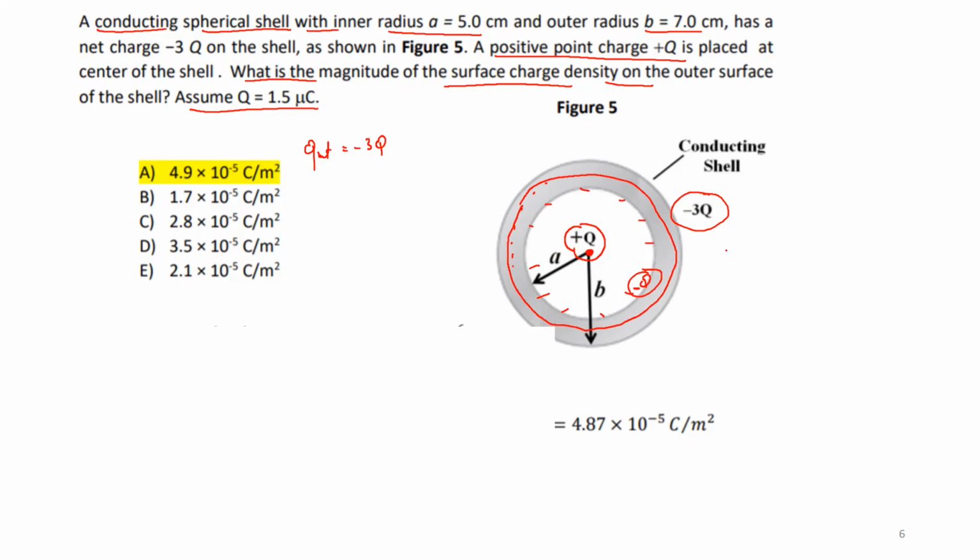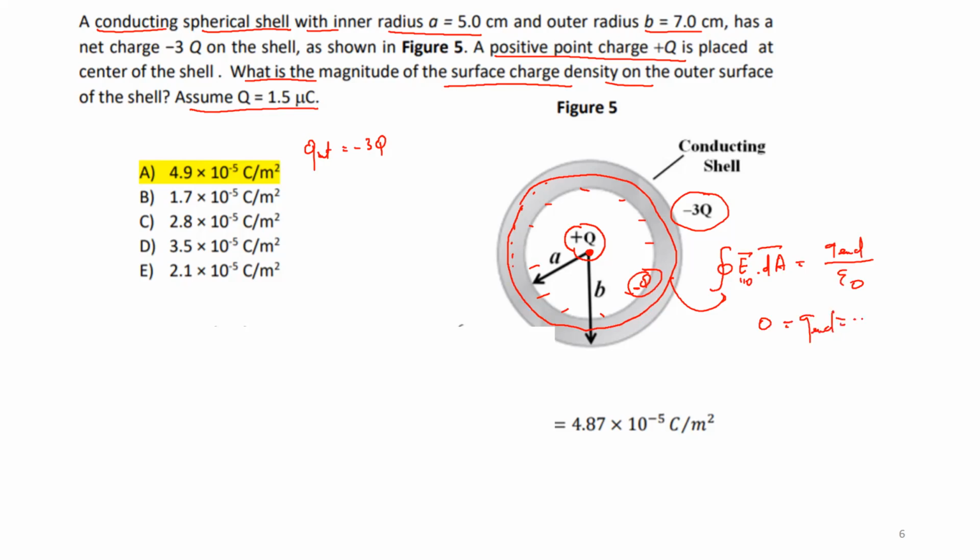Let me apply Gauss's law: the integral over this Gaussian surface of E dot dA is equal to the charge enclosed divided by epsilon naught. But the electric field inside my conducting spherical shell is 0, so this integral is 0. That means the charge enclosed should be 0.